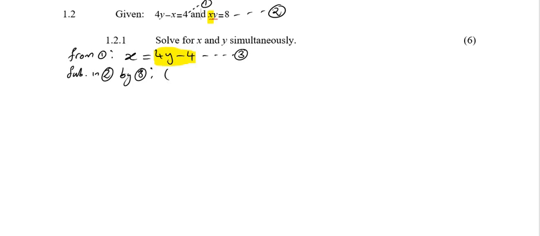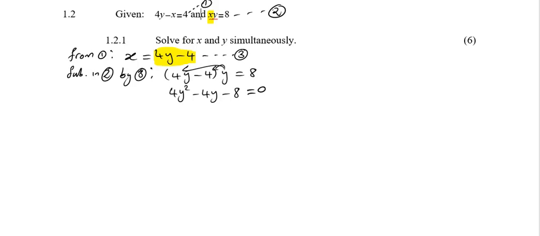So we have (4y minus 4) times y equals 8. Now let me open the brackets: 4y times y is 4y squared, minus 4 times y, minus 4y. Then let me transpose 8 to the left hand side, minus 8 equals 0.